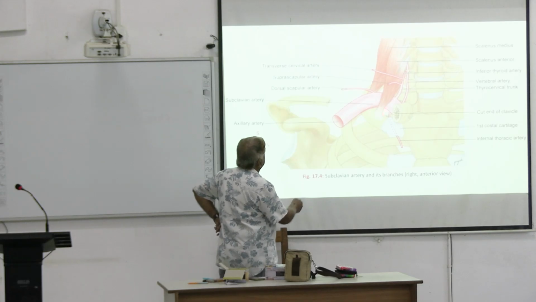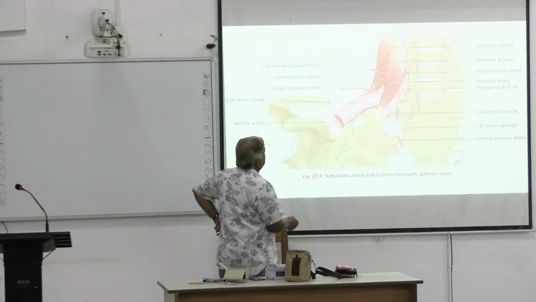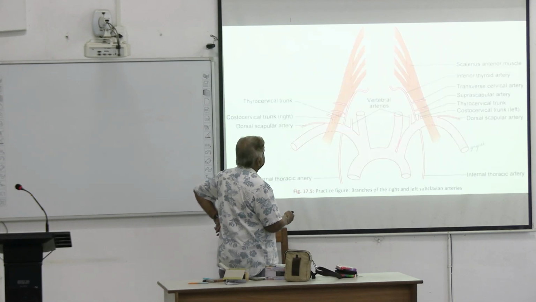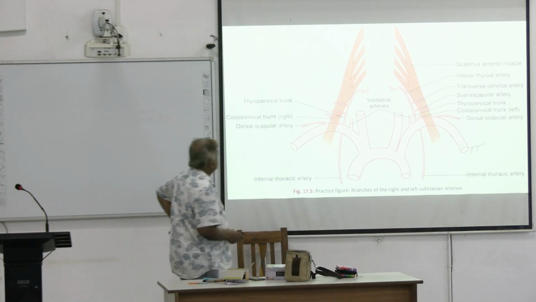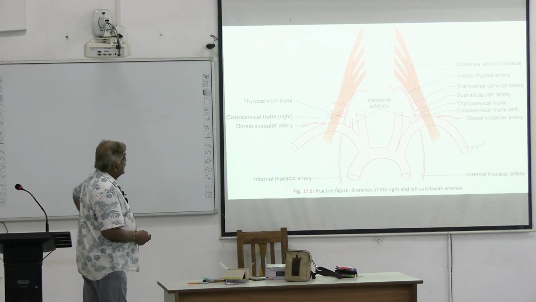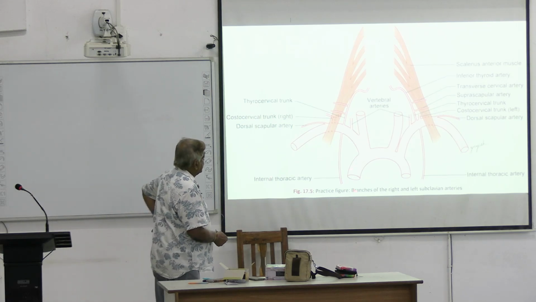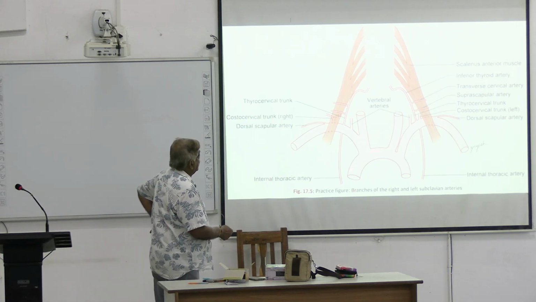this is muscles arising from the rib, and see the vertebra, the cervical vertebra. Now scalenus anterior and scalenus medius muscle. Now this is the branches of the right and left subclavian artery.